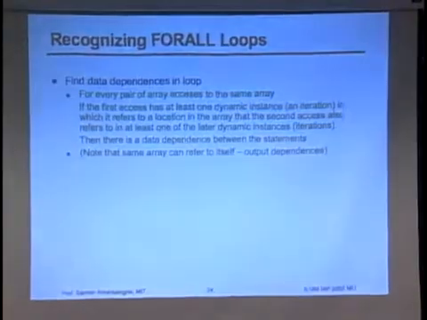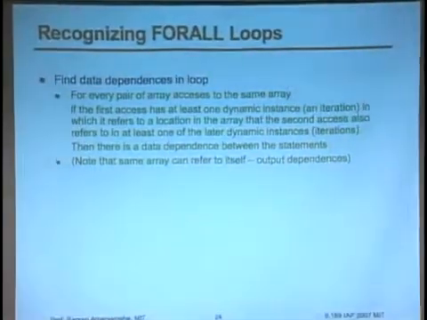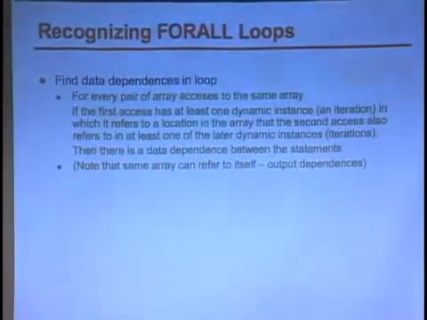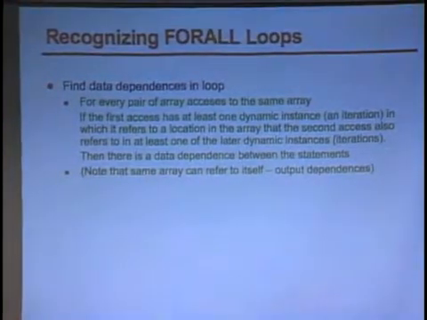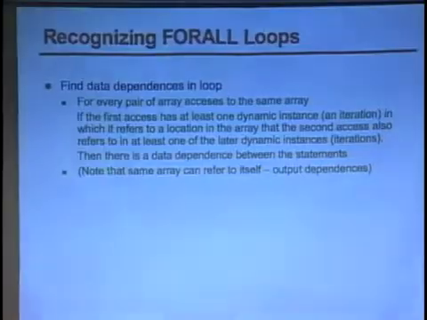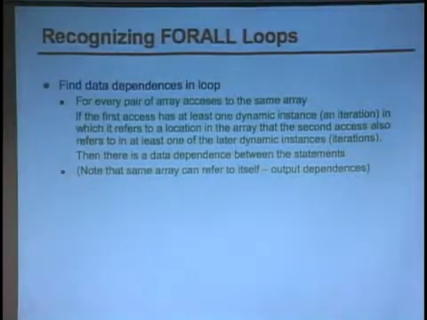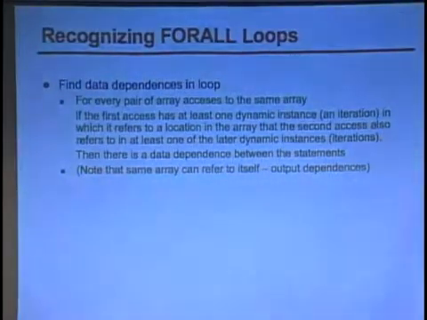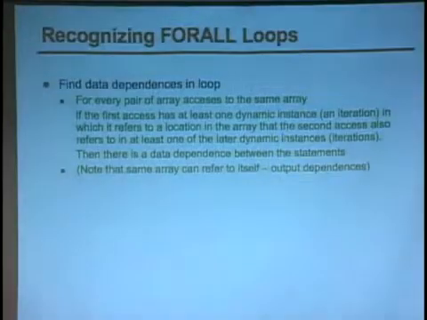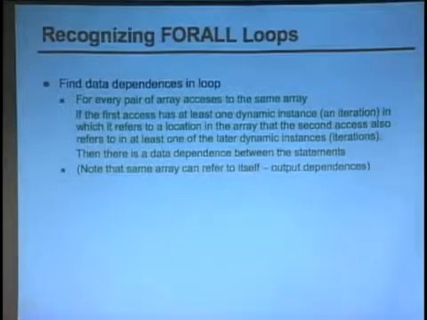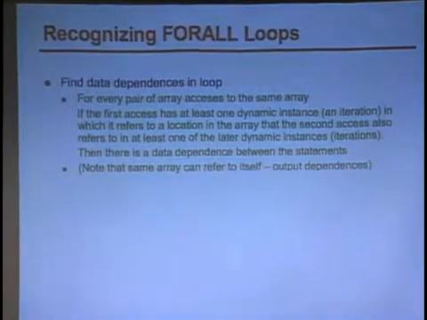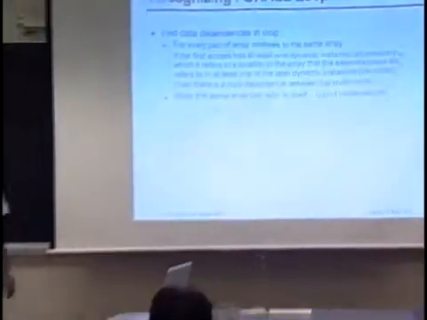So to find data dependence in a loop, let me try to do that. For every pair of array accesses, what you want to find is whether there is a dynamic instance in an iteration that wrote a value, and another dynamic instance that happened later that used that value.